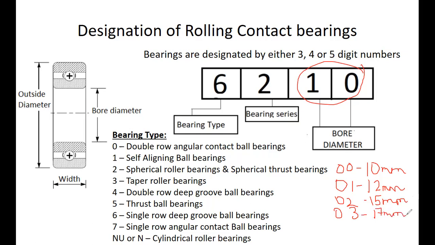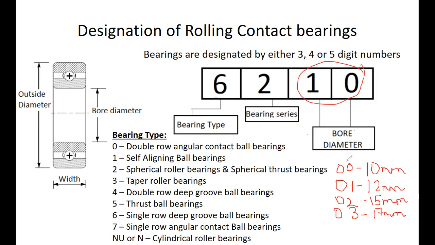Guys, this method of designation of the bore diameter is universally the same. So wherever you see 00, it will be a bore diameter of 10 mm, 01 will be 12 mm, 02 will be 15 mm, 03 will be 17 mm.